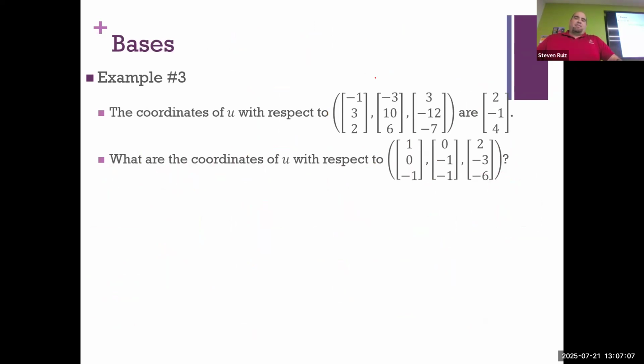This is with respect to this basis right here that I'll call B. So I know that some vector has these coordinates with respect to this first basis. Now I want to find the coordinates of that same vector with respect to this other basis. A little bit different than what we were doing last time, but any ideas off the bat how we get started?